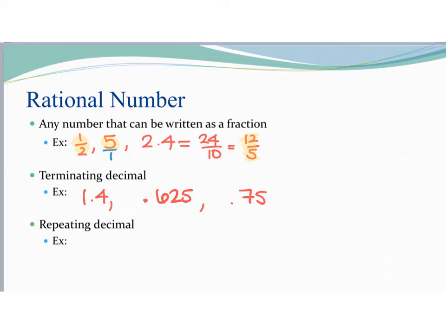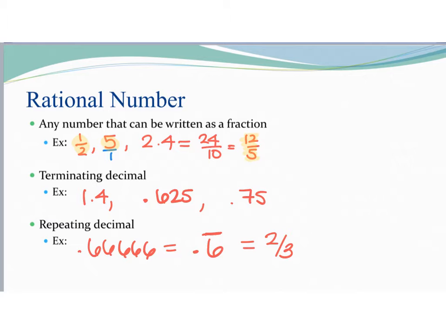We also have examples such as repeating decimals. So a repeating decimal, something like 0.6666 repeating, you could also rewrite this as 0.6 with a repeating bar over it. Because it repeats, I can really write this as 2/3.